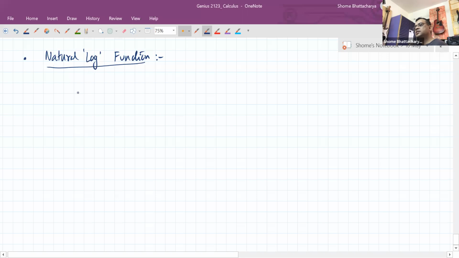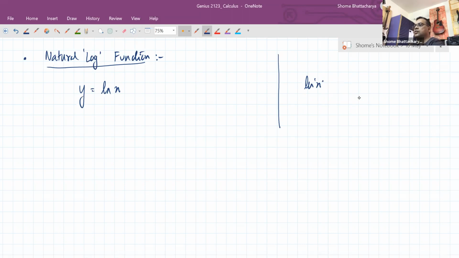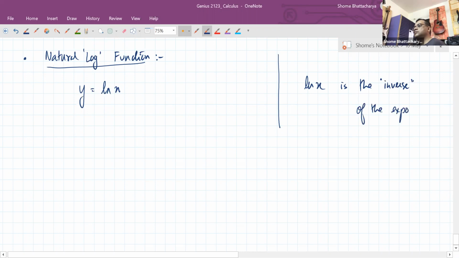So we should understand that the natural log function is what we call the inverse function of the exponential function. ln x is the inverse function. So what this means is that it is the inverse of the exponential function.